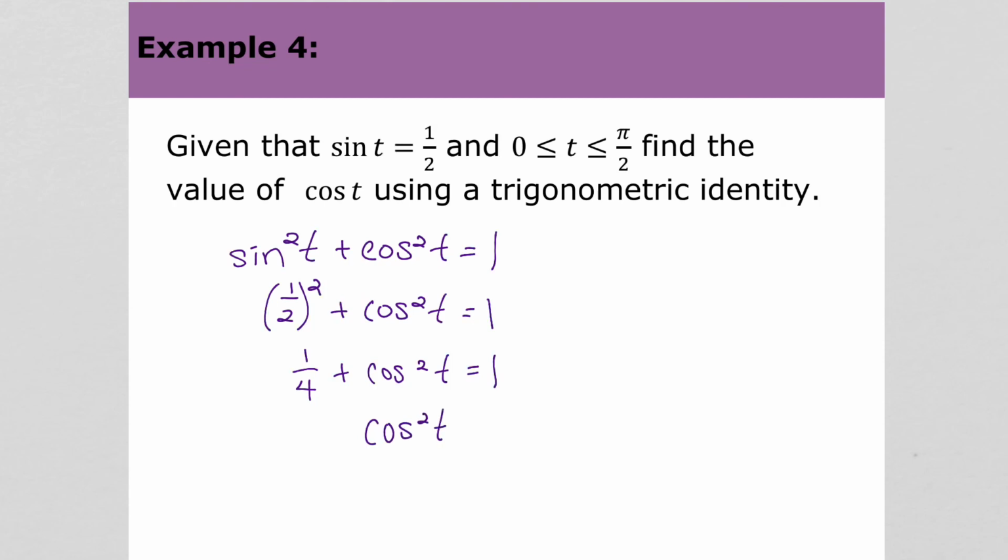Subtract 1/4 from both sides. 4/4 minus 1/4 is 3/4. So take the square root, and we know it's positive. So it's just positive the square root of 3/4, which will be the square root of 3 over 2. And that concludes this section.